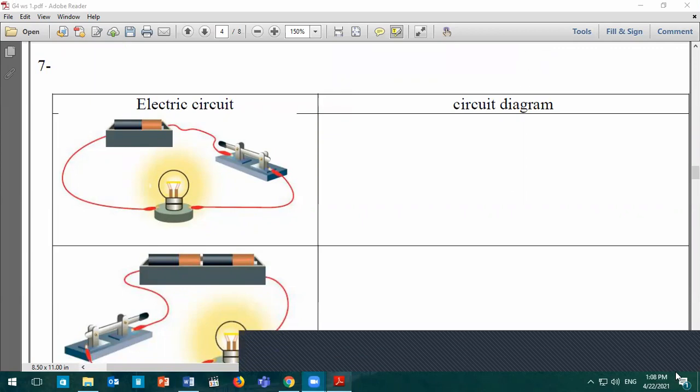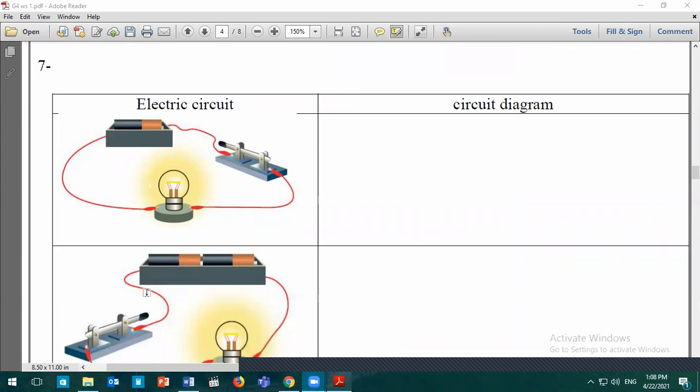I can do it on the laptop. Okay, try it, and it will show on your screen. Yes, draw it on the screen, but it needs to be in straight lines.